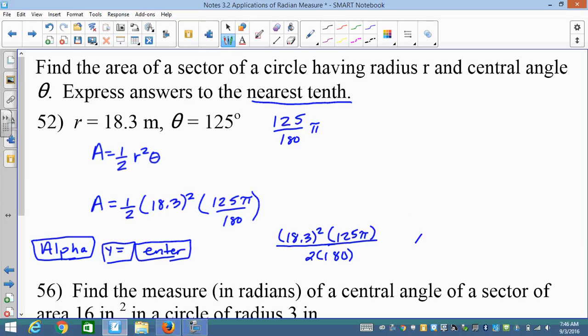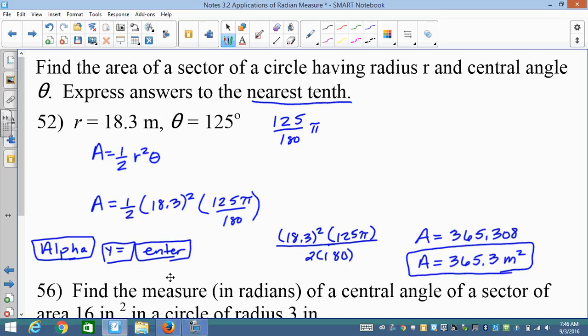So anyways, we get an answer here, area equals 365.308. That says round to the nearest tenth. So our area equals 365.3. They did give us units, so meters squared. And there's your answer.